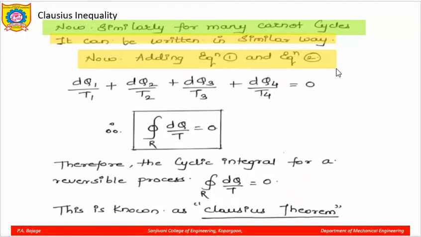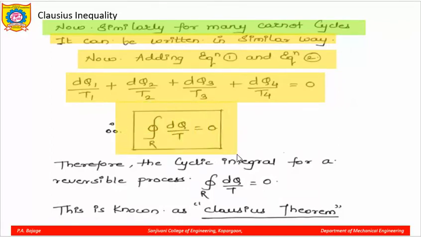Here, when you add equations 1 and 2, we are taking only 2 cycles, but anyway the equation we get is dQ1 upon T1 plus dQ2 upon T2 plus dQ3 upon T3 plus dQ4 upon T4 is equal to 0. And as a generalized form for n number of cycles, you can write the cyclic integral, where r is denoted for a reversible cycle, dQ upon T is equal to 0.